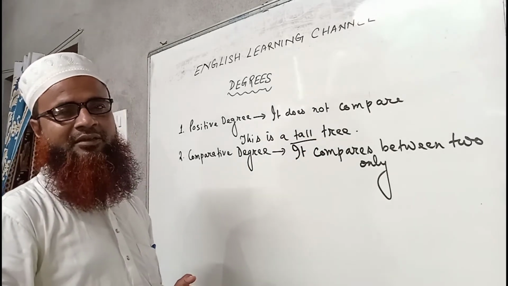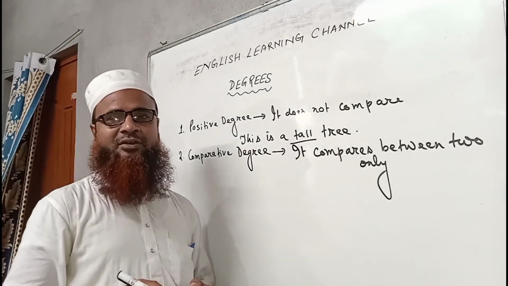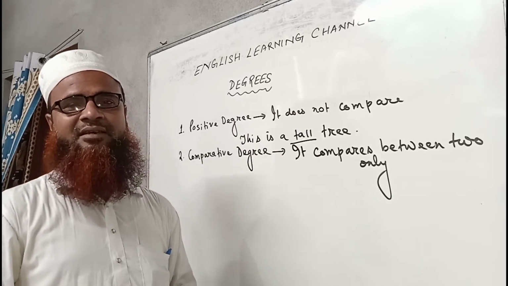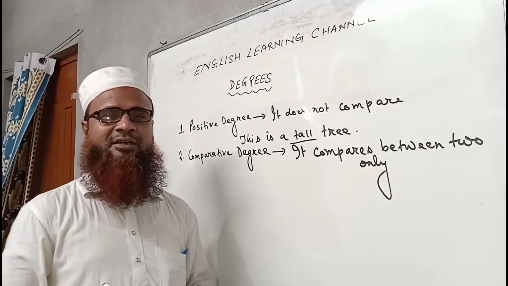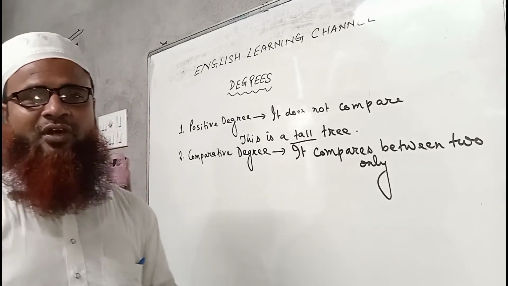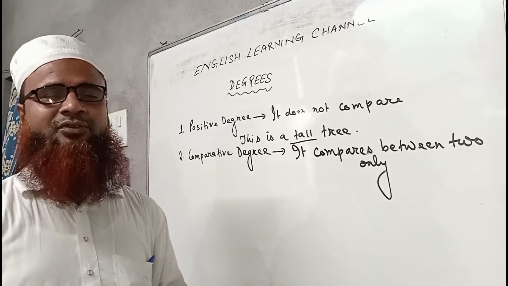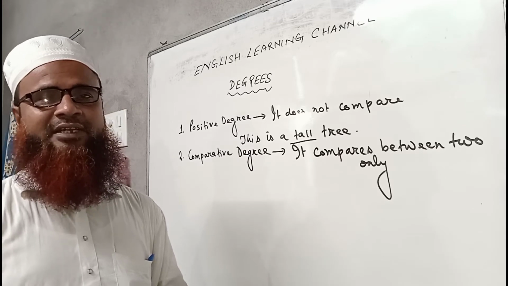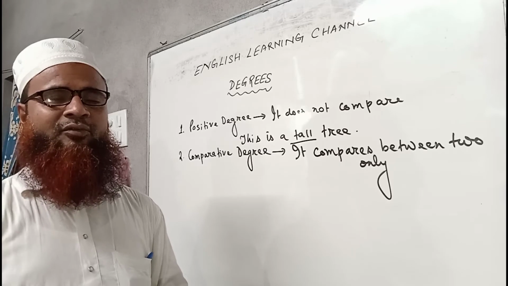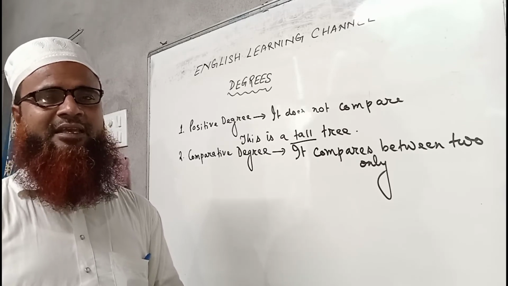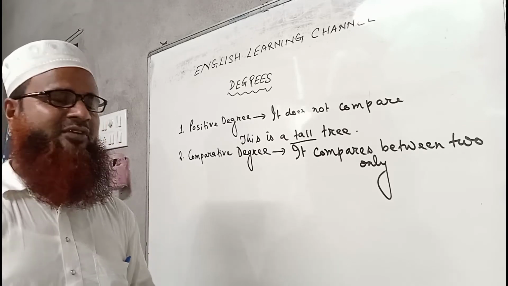When we compare the tallness of two trees, then we have to write taller, the comparative degree of tall. All of us know that in monosyllabic words we use ER and EST in comparative and superlative degrees.